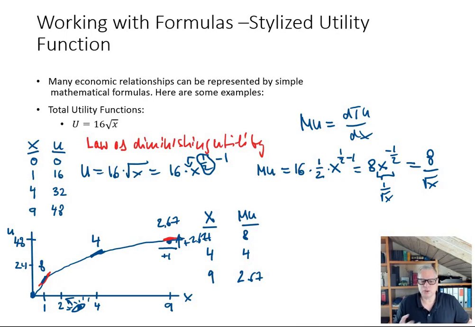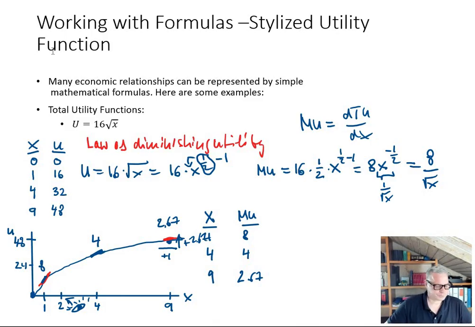So we can use formulas to represent certain economic axioms like the law of diminishing utility very conveniently, and then we can work with those equations, build models, and illustrate things that build upon those standard assumptions.